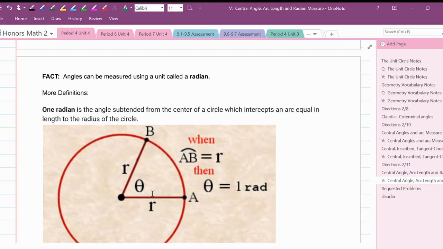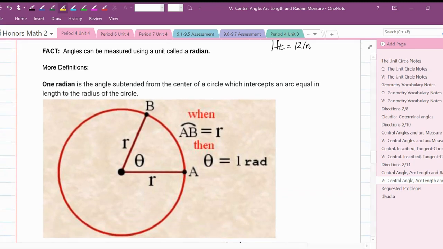And just like we define 1 foot is defined as 12 inches, we are defining this unit called a radian in this manner. So 1 radian is going to be the angle.